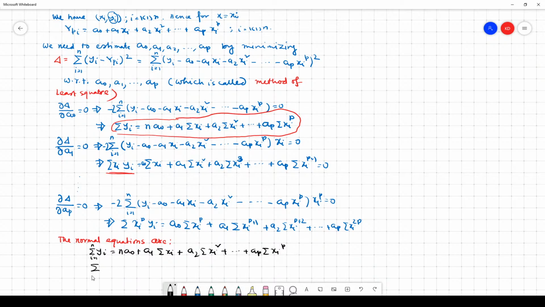And this is the second normal equation: summation i from 1 to n xi yi equals a naught summation xi plus a1 summation xi square plus a2 summation xi cube plus ... plus ap summation xi to the power p plus 1.